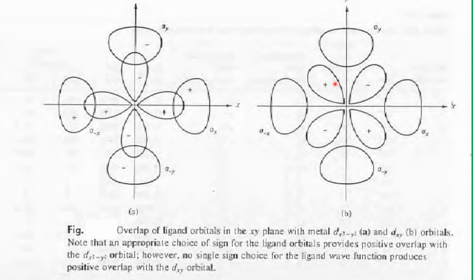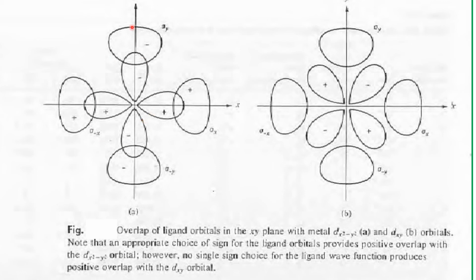So the t2g set will have the lobes directed between the bonding axes and thus will yield no net overlap with the ligand orbitals. In the case of the dx²-y² orbital, with an appropriate choice of sign, that means negative, negative, positive, positive, negative, negative, positive, positive, only then does positive overlap with the dx²-y² orbital occur.